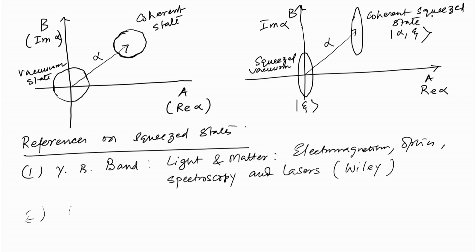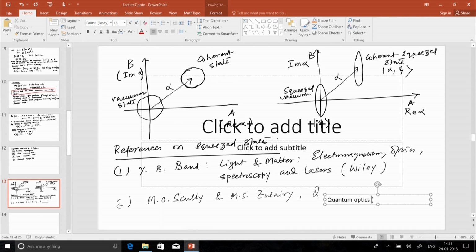The number two is Scully and M. S. Zubairy. And this is a quantum optics book. We will give you this, let me just type it out, and this is from Cambridge University Press.